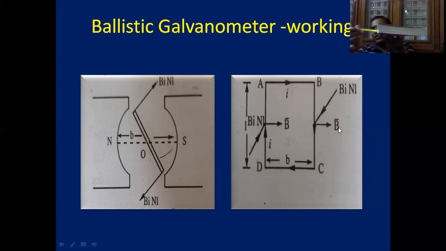So the sides AB and CD are parallel to the field direction, therefore no force acts on these two sides. But the sides AD and BC are perpendicular to the field direction, so maximum force acts on them.